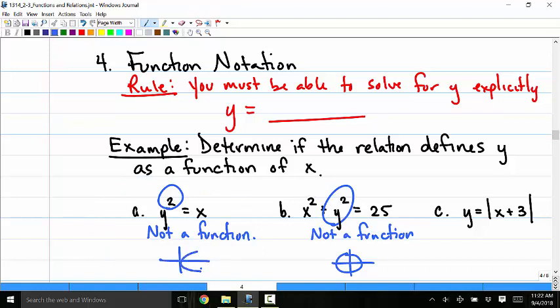Sideways to the right. Would that pass a vertical line test? No. The third one, y equals the absolute value of x plus 3. If I were to tell you that that graph looks like this, would that pass a vertical line test? Yes, that is a function. Can you solve for y equals on that one? Yep.